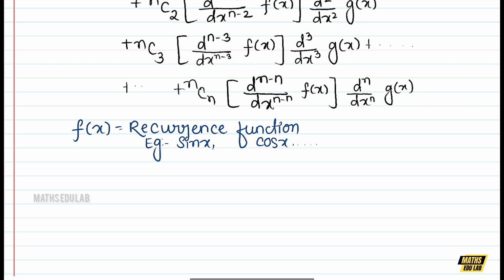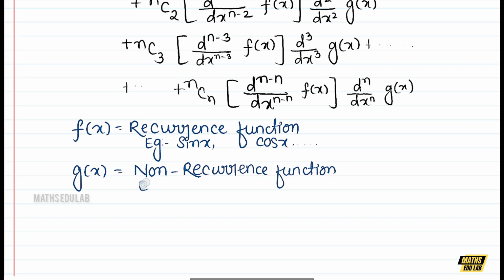So that's why we take f(x) as the recurrence function, and g(x) is known as the non-recurrence function. This is the function where we get the value 0 after taking n number of derivatives.